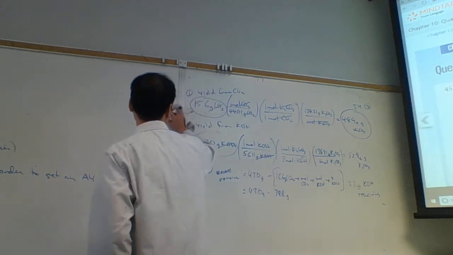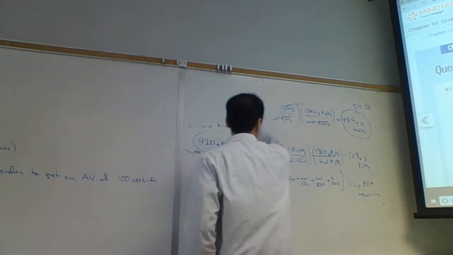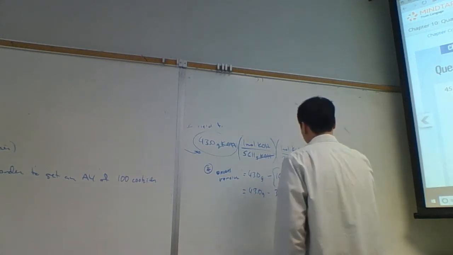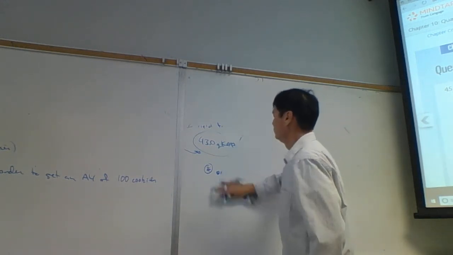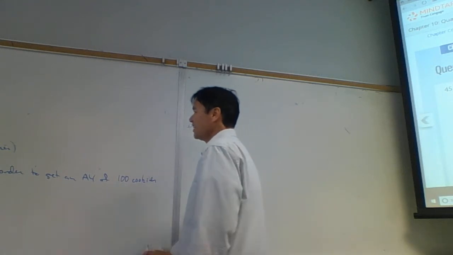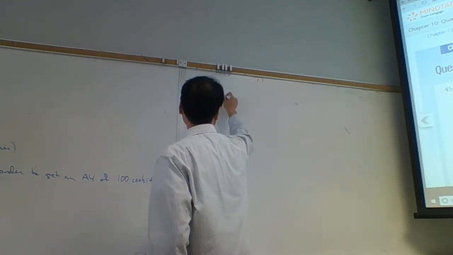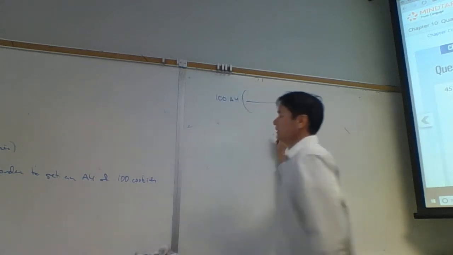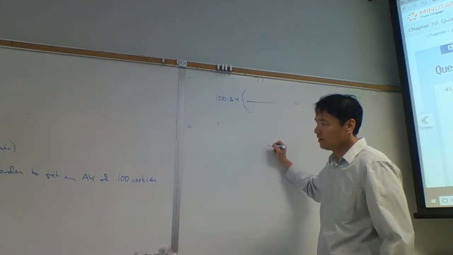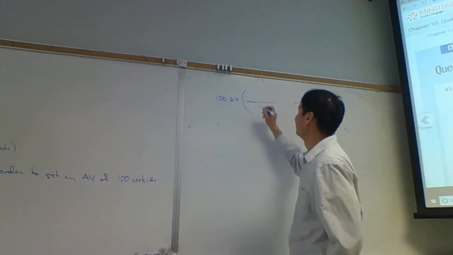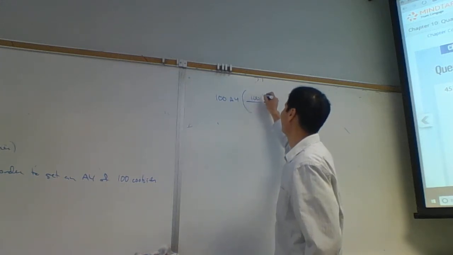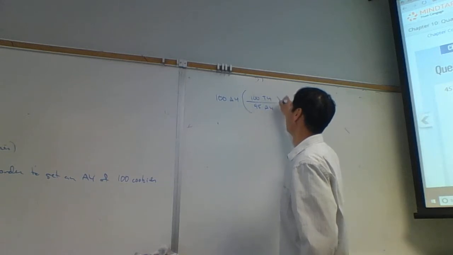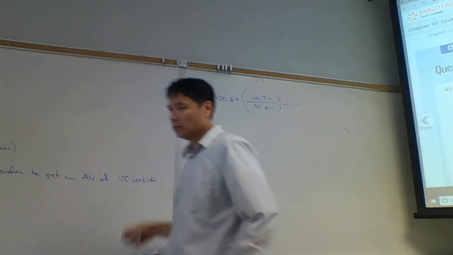And so the way we do this is like this. We have to start labeling things with AY and TY. It'd go like this. I need 100 AY. And if I have 95% yield, that means for every 100 TY, I'm going to have 95 AY for the cookies.